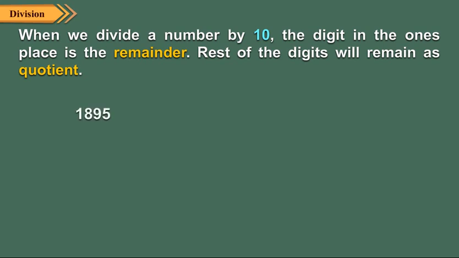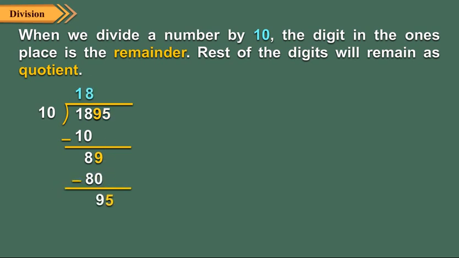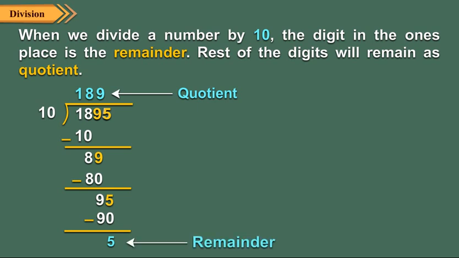So let us divide 1895 by 10. Here, the quotient is 189 and remainder is 5.